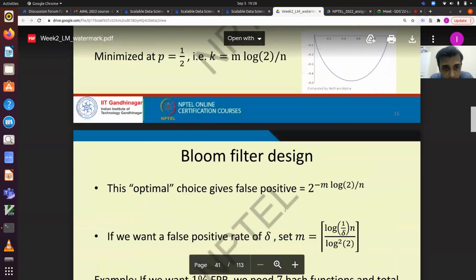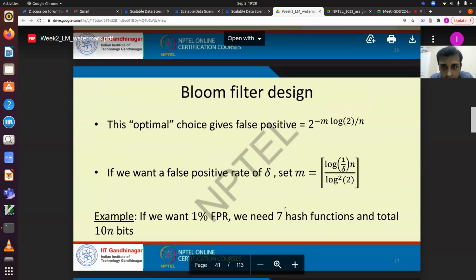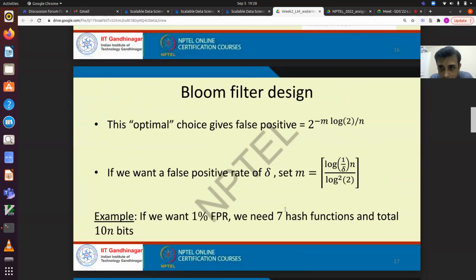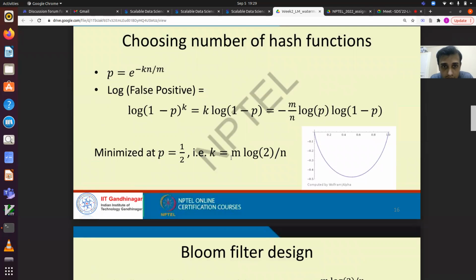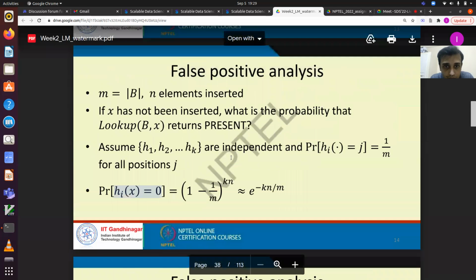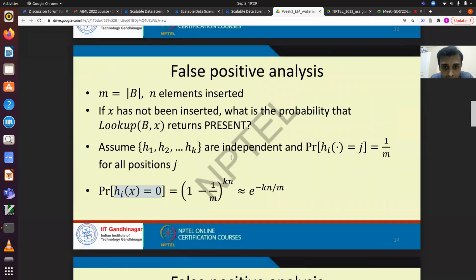So minimize this thing. Why is it 7? 7 because if we set the choice to m is 7, 7 will be, okay.